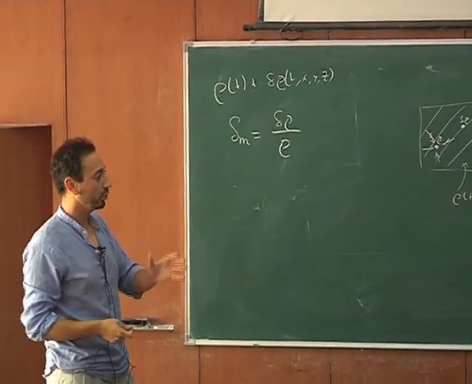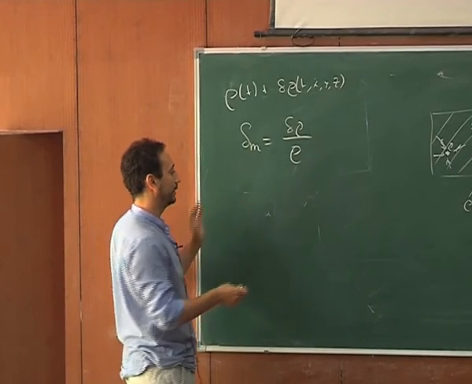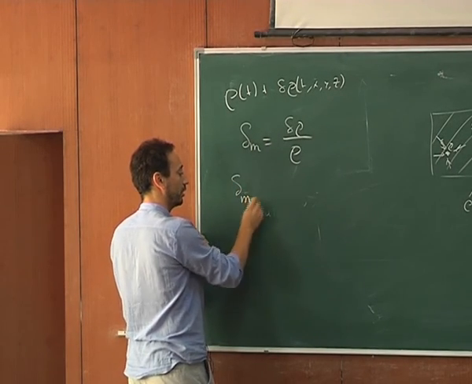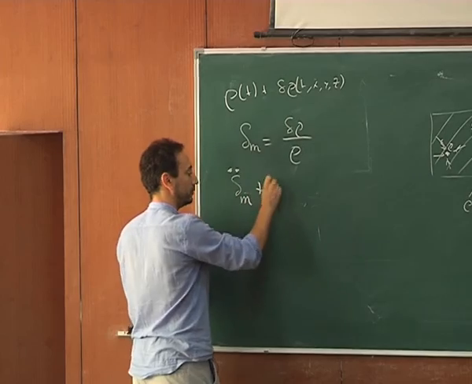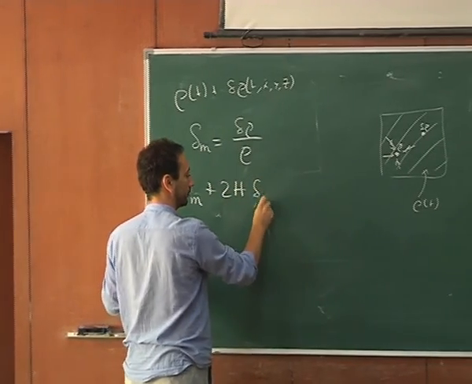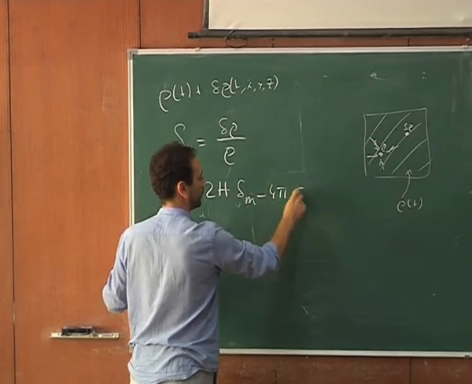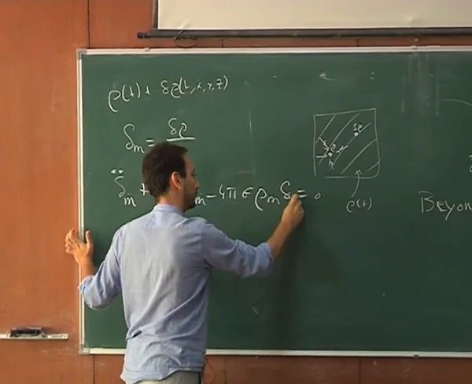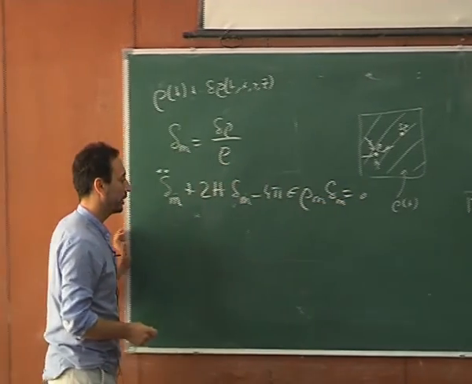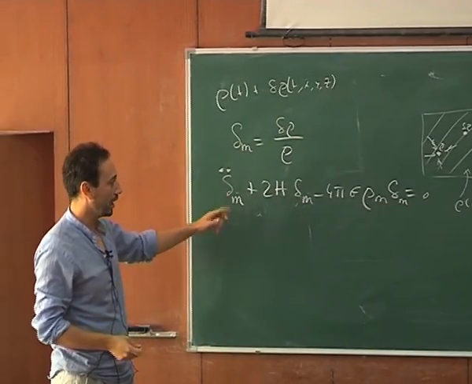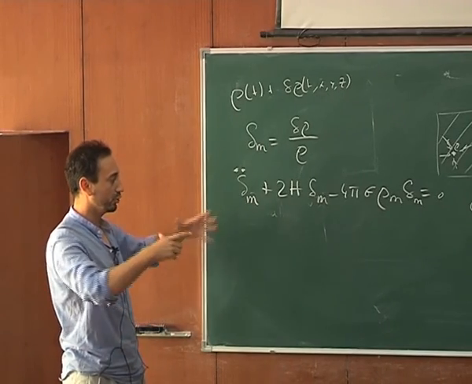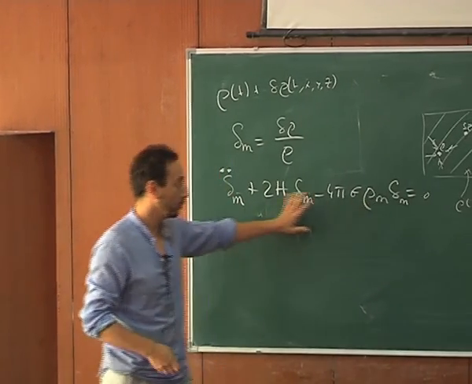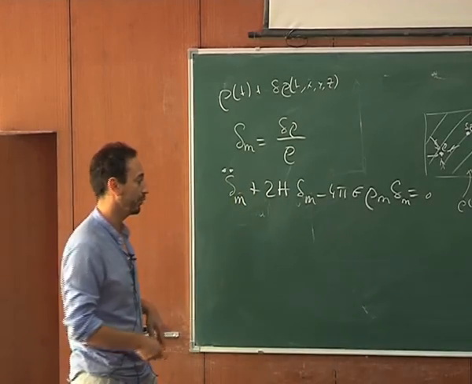When you write your equation of motion for delta, you can find an equation which has this structure. So you have an equation which has this form, which tells you how this small perturbation is growing or decreasing with time, actually. And this is going to be your equation, and it comes directly from the equation of motion.